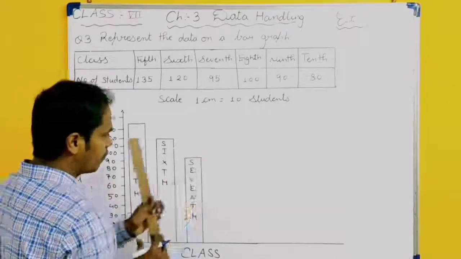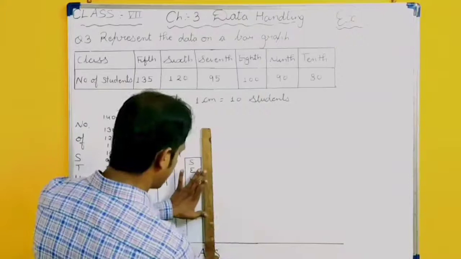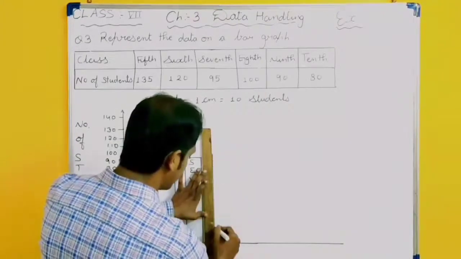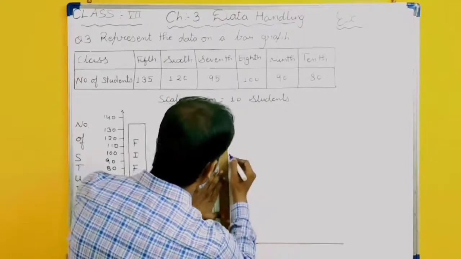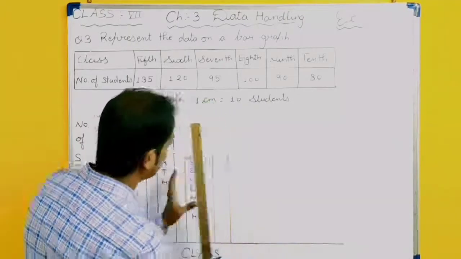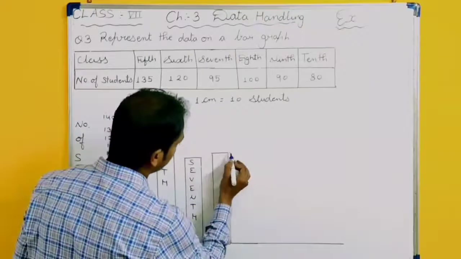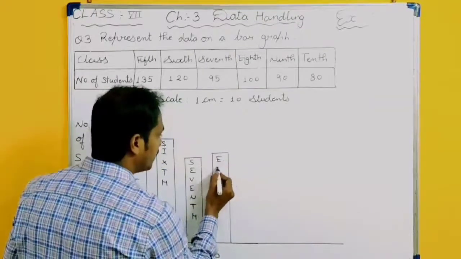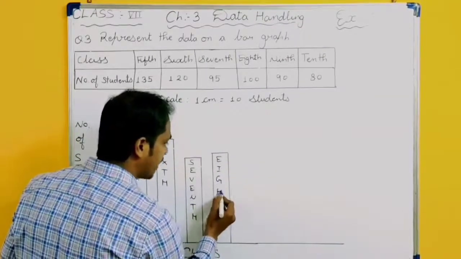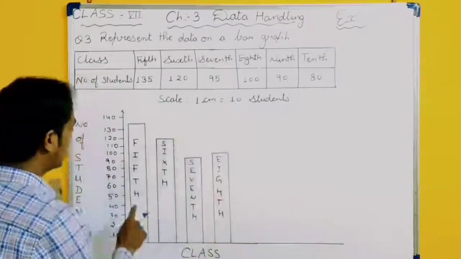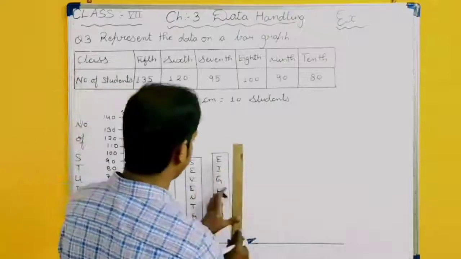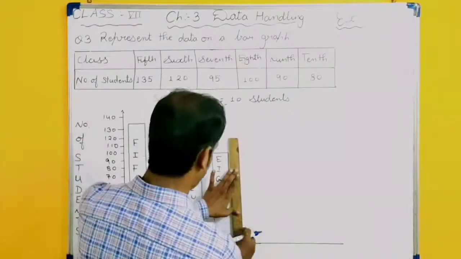Now 8th class, 100. Just above the 7th class, this is your 8th class, EIGHTH. This bar is for 8th class. 9th class, exactly 90.